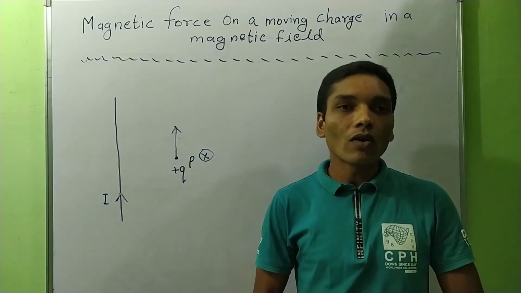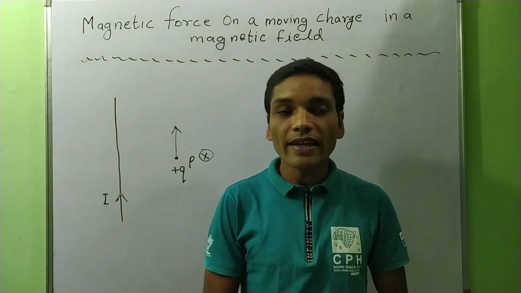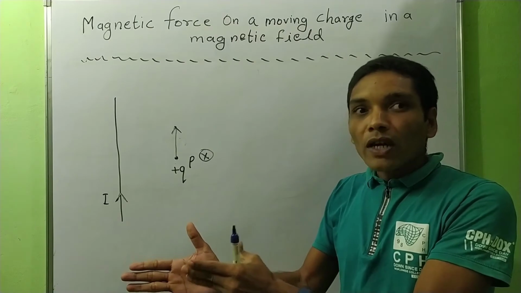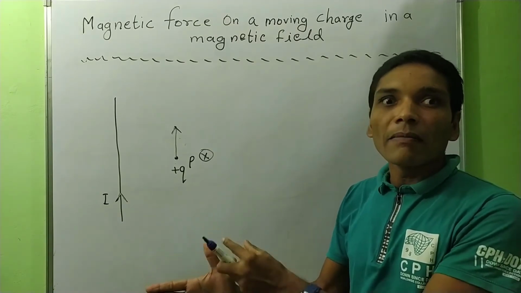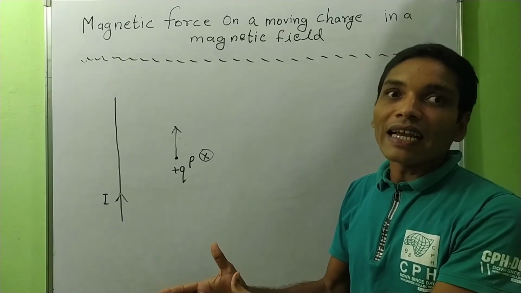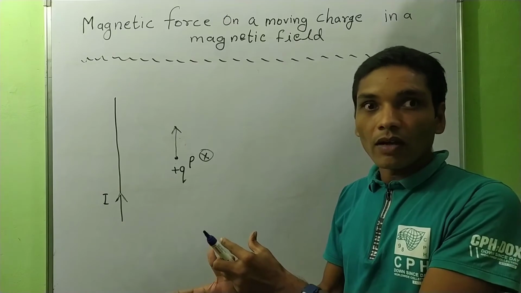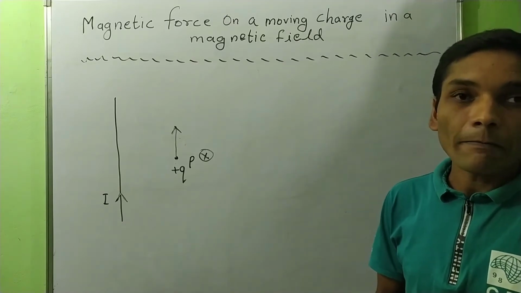First of all, we will understand the right hand palm rule number 2. Open your palm of the right hand and stretch the thumb and the fingers such that the fingers and the thumb are mutually perpendicular to each other.